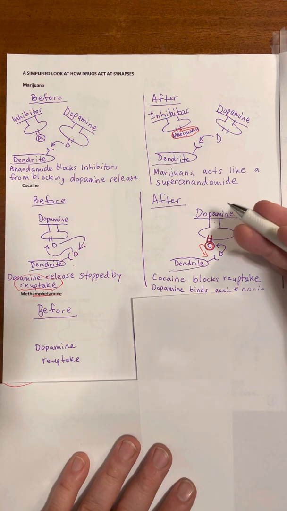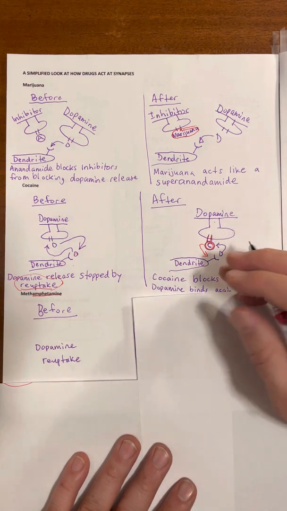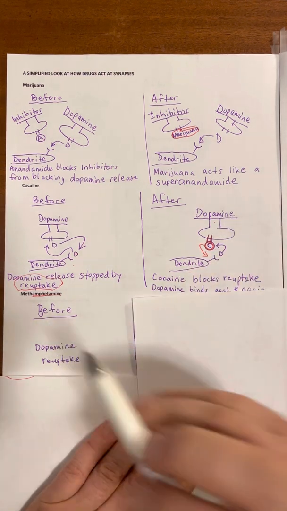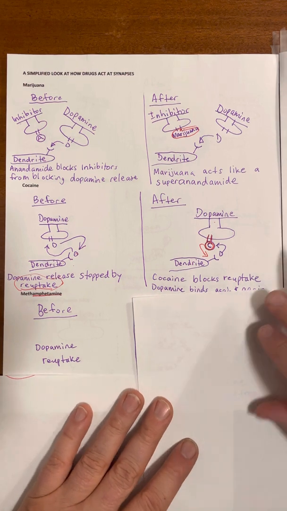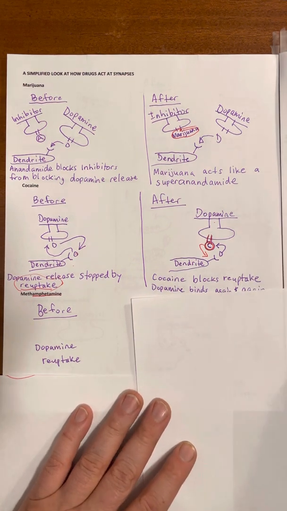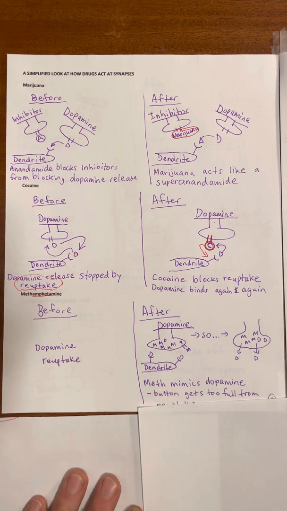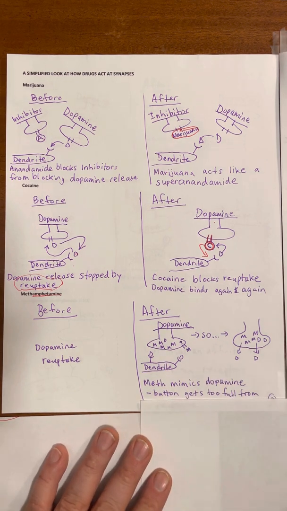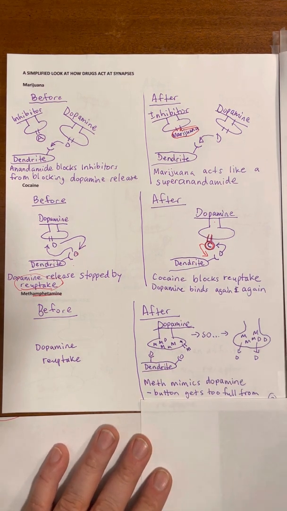So then the methamphetamine user uses the methamphetamine, it gets into their system, and how's it going to work? Well, we've got a diagram here where basically we're saying the same thing.